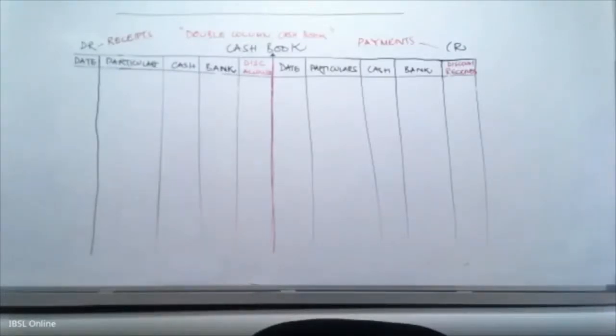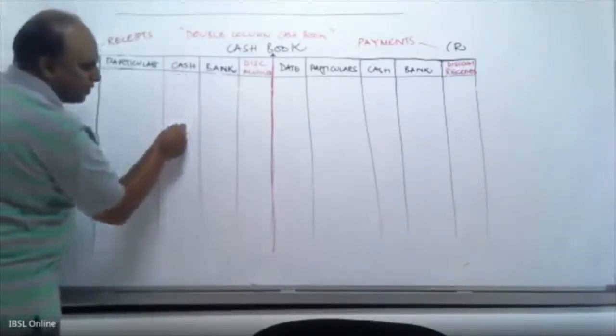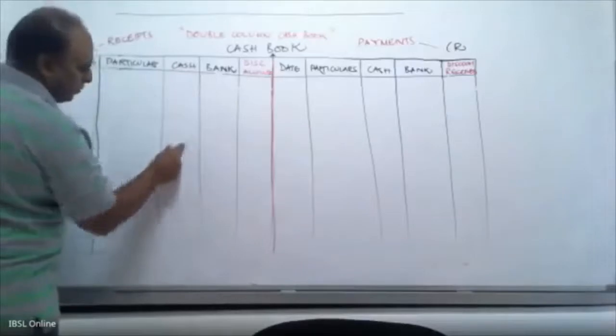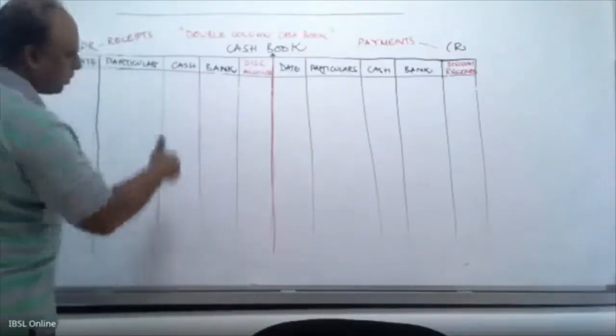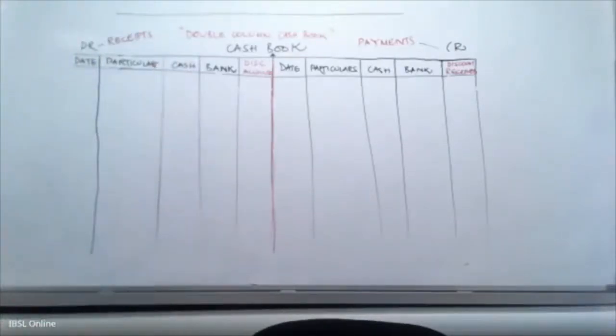You will receive cash, so it is a receipt. So you will debit your cash and credit your customer. So ultimately, your cash receipt is supposed to be recorded here. That is what you are doing in your computer system.